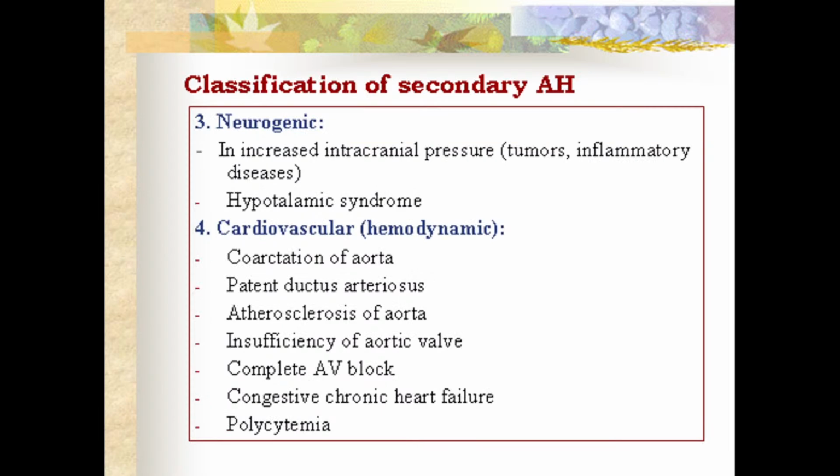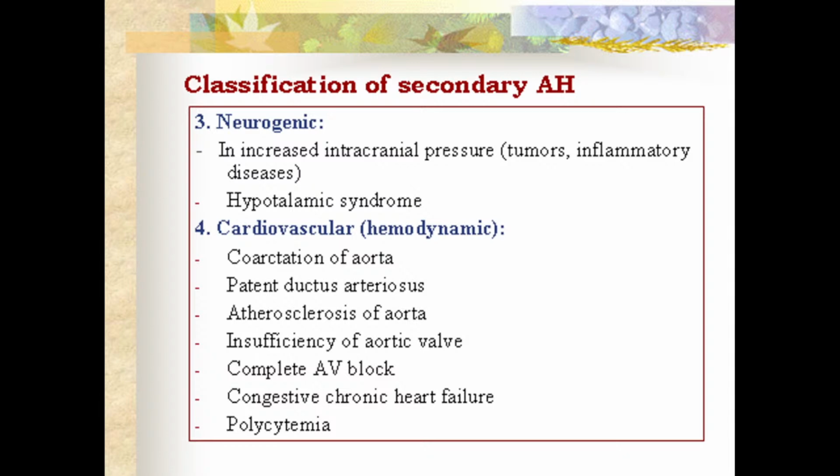And there are other different causes of secondary arterial hypertension. You can see neurogenic causes: increased intracranial pressure because of tumors, inflammatory diseases, hypothalamic syndrome, and the group of cardiovascular hemodynamic causes.